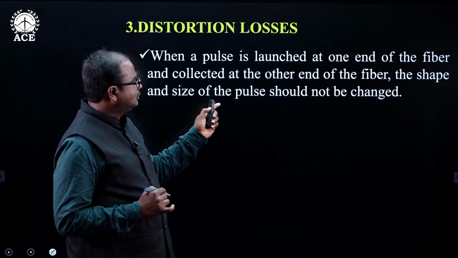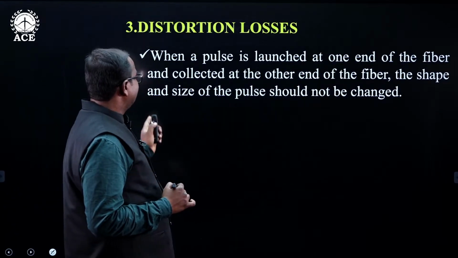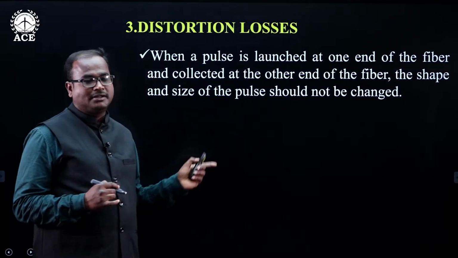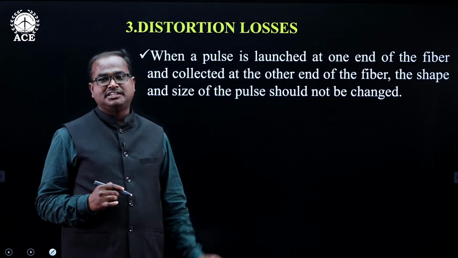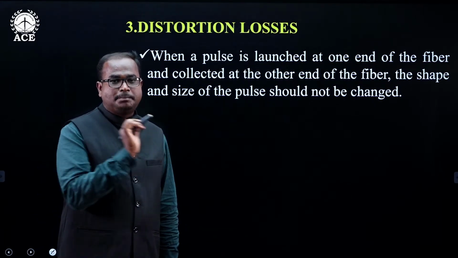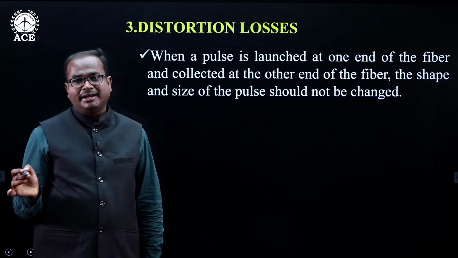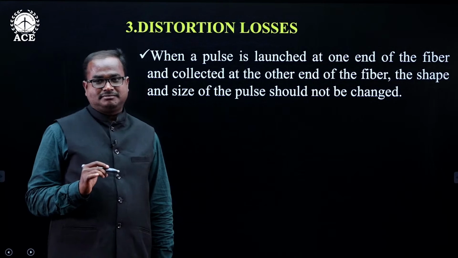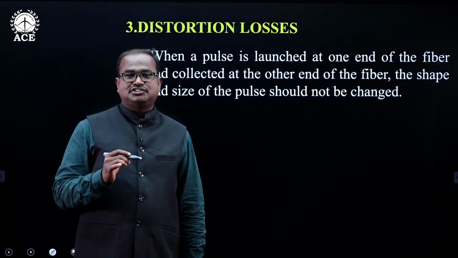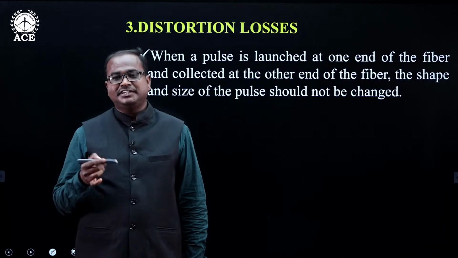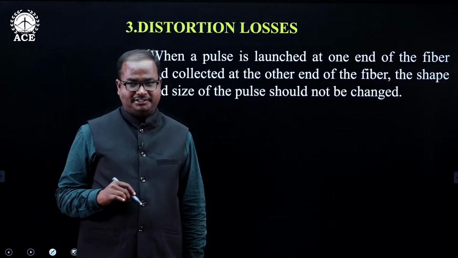When a pulse is launched at one end of the fiber and collected at the other end of the fiber, the shape and size of the pulse should not be changed. There should not be any change in the output pulse as compared with the input pulse. If there is any change, we say that the signal is distorted.